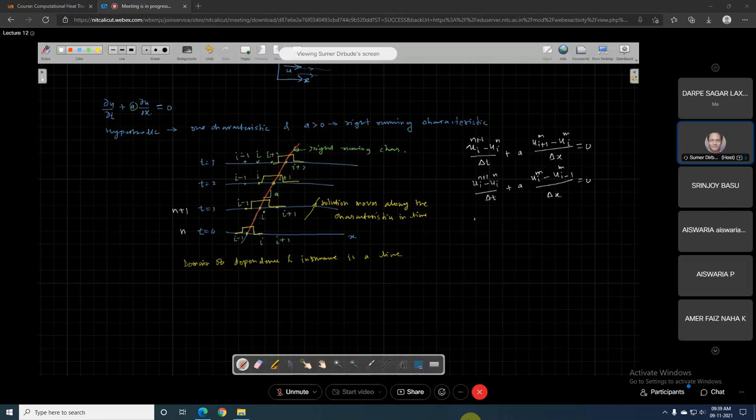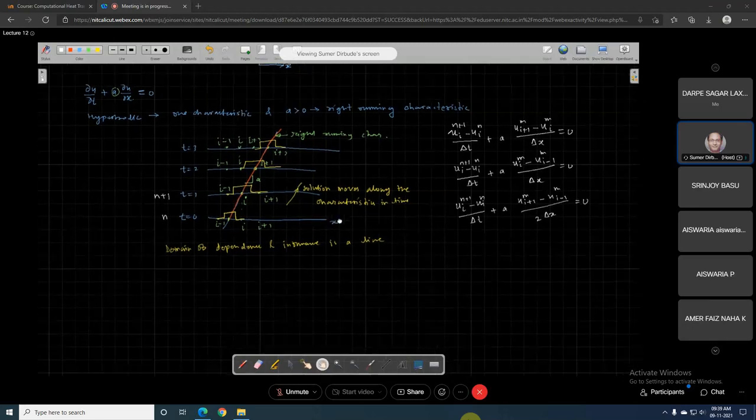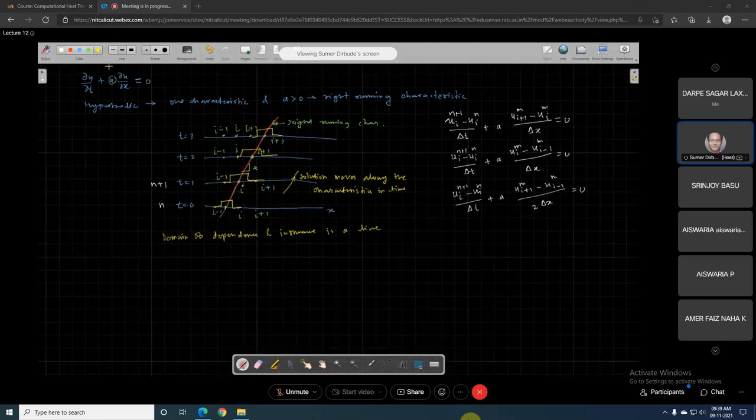Or also I can write (u_i^(n+1) minus u_i^n) over delta t, plus a times (u_(i+1) minus u_(i-1)) over twice delta x, equals 0, isn't it? So the first one is a forward difference, the second a backward difference, and the third a central difference. So which one is correct?